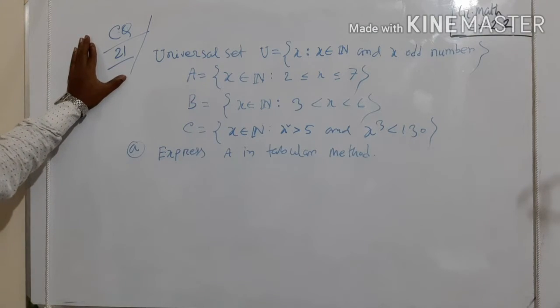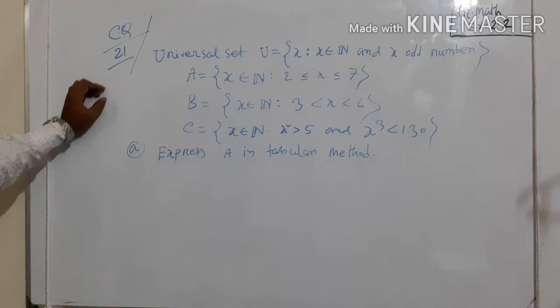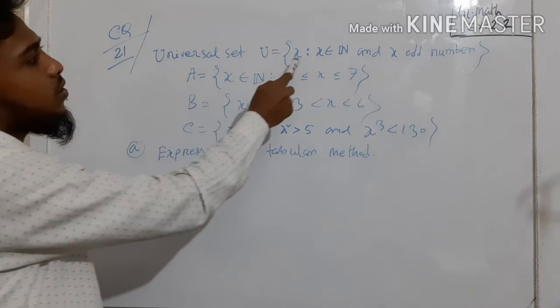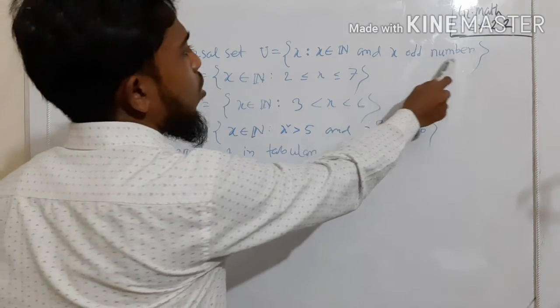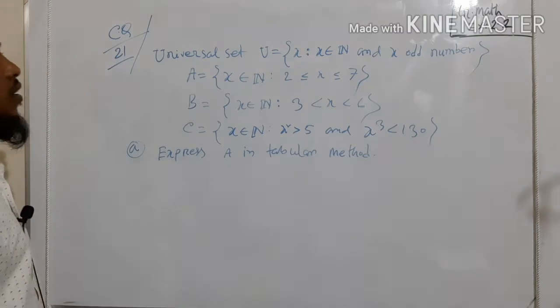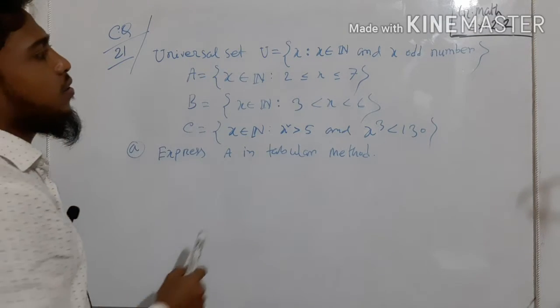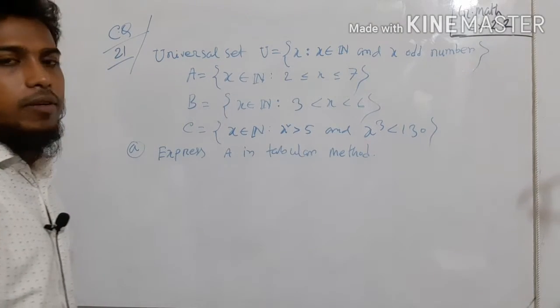Problem 21. Our given universal set U equal to {x such that x is a natural number and x is an odd number}. A equal to {x in natural number such that 2 is less than or equal to x is less than or equal to 7}.